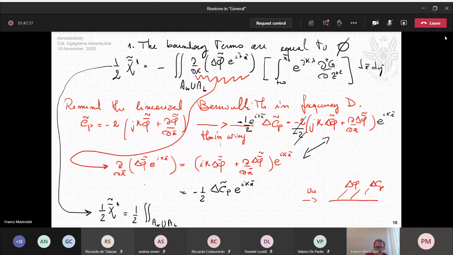And instead of this derivative, we can write delta Cp and e to the power ik x bar, and again multiply by the integral from minus infinity to x bar of e to the power minus i k lambda, second derivative of g with respect to zeta star times dx dy.